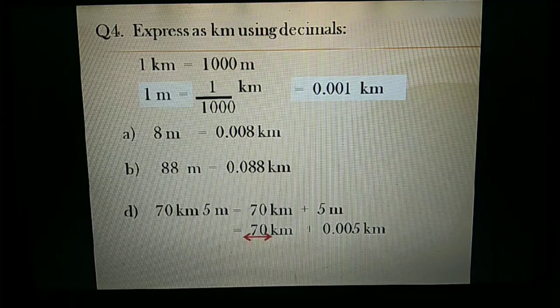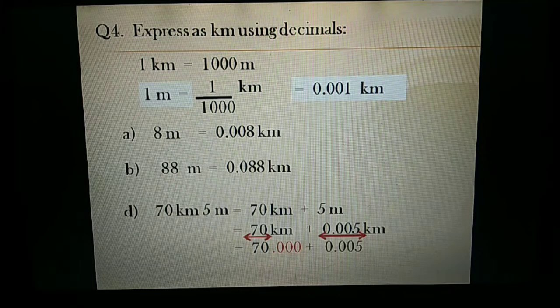They are not like. There is only 2 digits in the whole number part. No decimal part is here. And here there are 3 digits in the decimal part. To make them like, you will add 3 digits in the decimal part of the first number as 0.000. And the second number will come as it is.